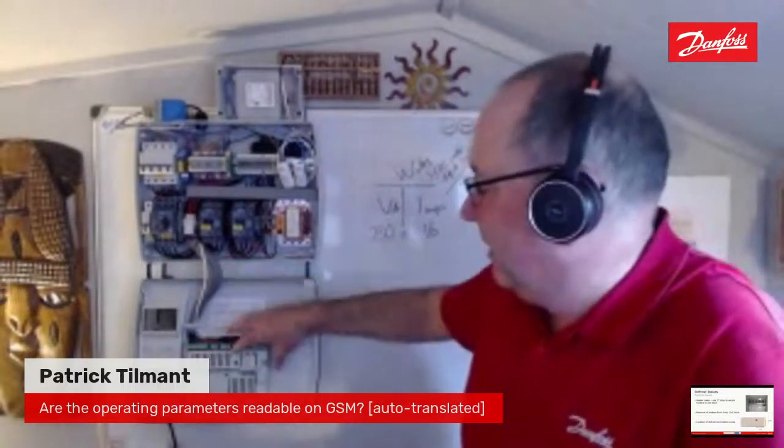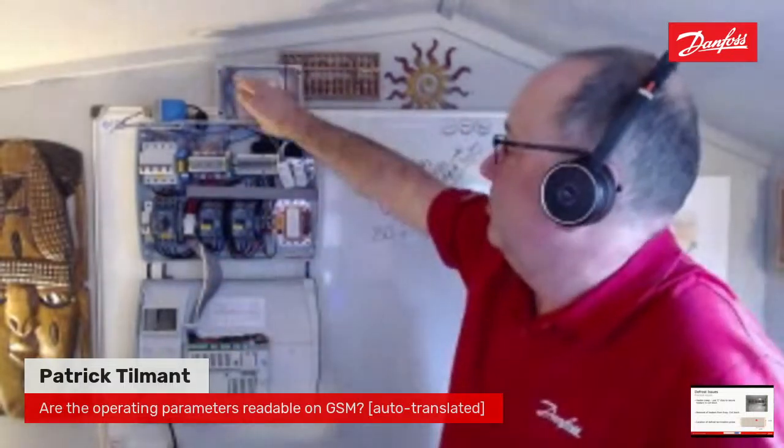Patrick asks, are the operating parameters readable on GSM? The way that Prosa works, and again, I'm not an expert, I have to say, is that it's a machine-to-machine sim. So the data is pulled out of here on the Modbus into the Prosa.